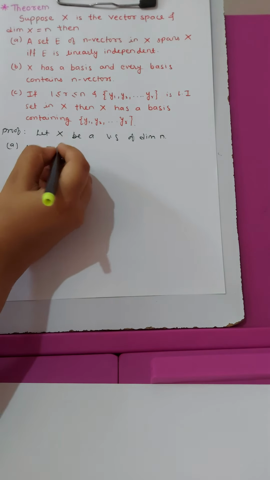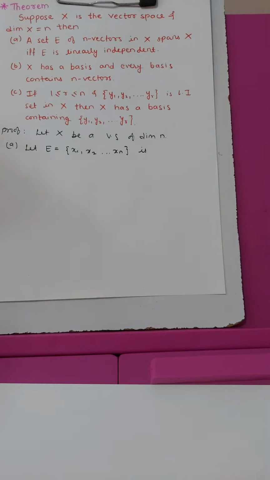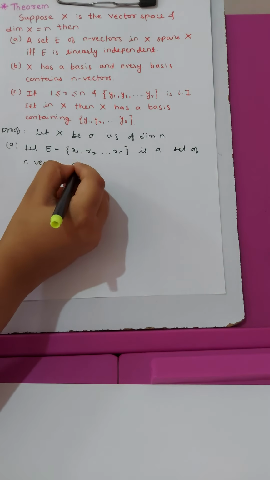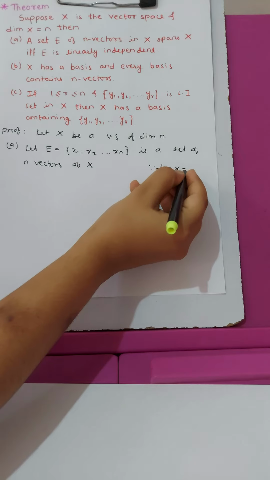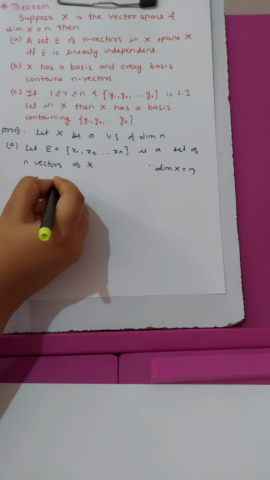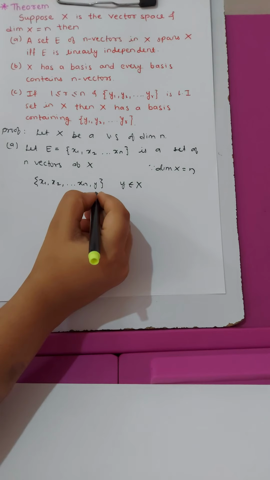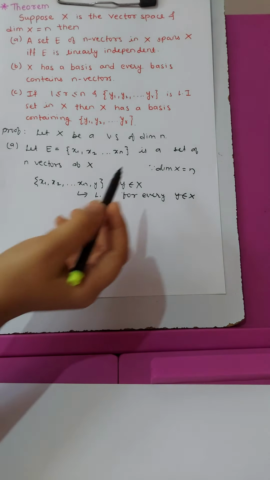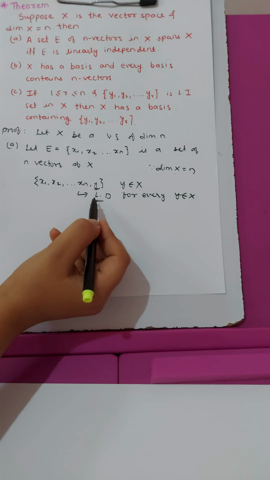So let E equal x1, x2 up to xn be a set of n vectors of X. Now since dimension of X is n, this set x1, x2, xn with an element y, that is y belongs to X, will become linearly dependent for every y belongs to X, because the dimension of X is n and any other element of X added to this set will make this set linearly dependent.